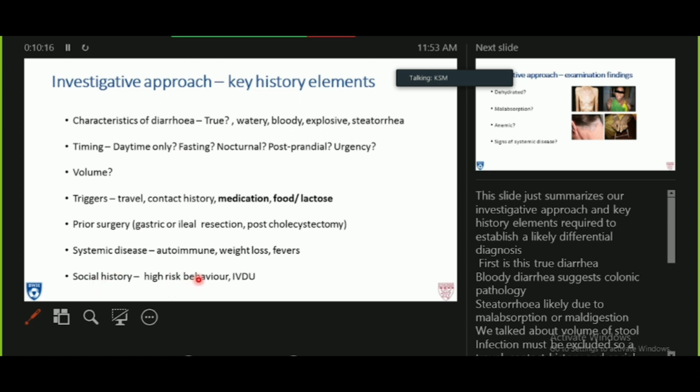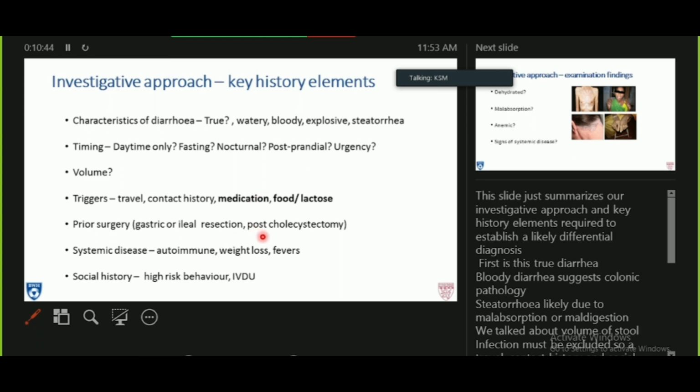And then I talked briefly about how prior surgery, like gastric surgery, so patients who've had, say, a Roux-en-Y gastric bypass are more likely to have a dumping type of syndrome, or these individuals might have malabsorptive disease leading to diarrhea. If you've had a patient who's had a resection of their terminal ileum, then they might have some difficulty absorbing nutrients as well, and this in turn can lead to a short gut type of syndrome.